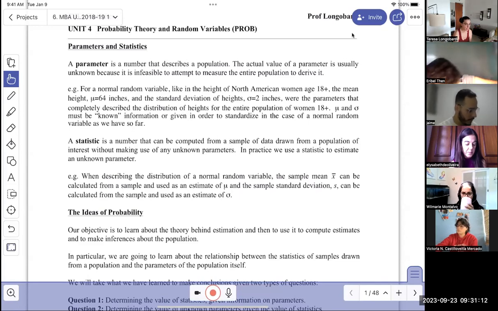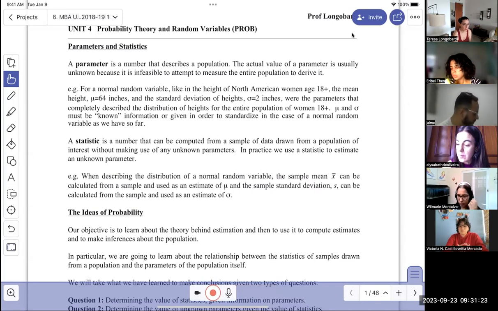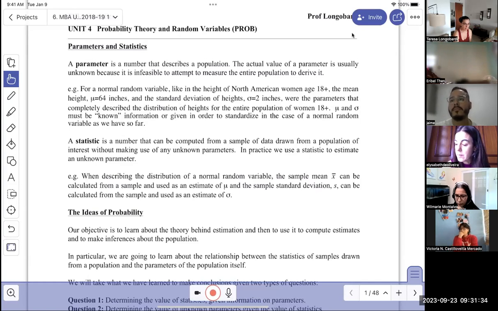And so we're going to take a pause on descriptive statistics and talk about theory, probability theory, build the theory, and then we're going to apply some of the theory. So that's going to be for modules 6 and 7, and then 8 and 9.